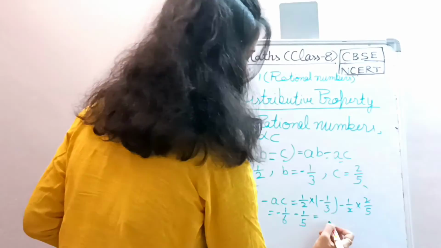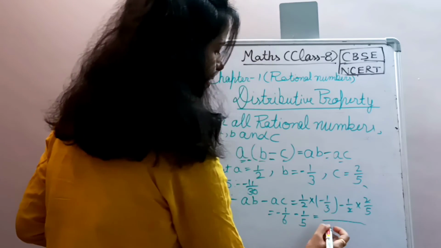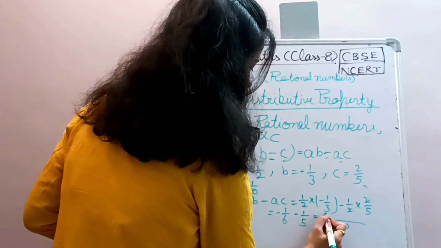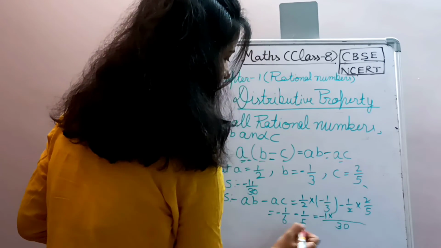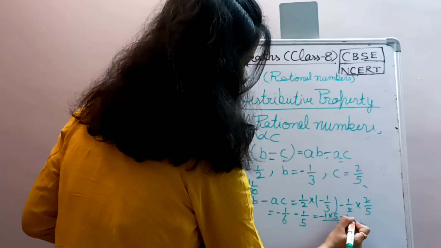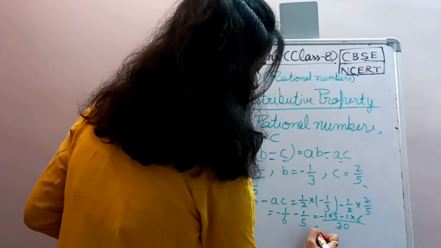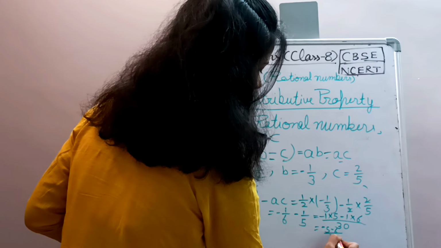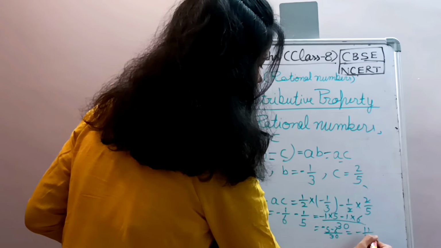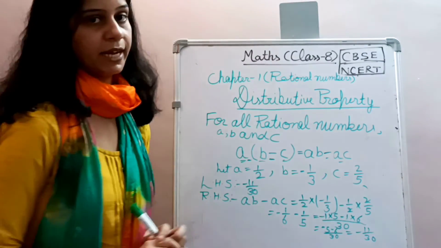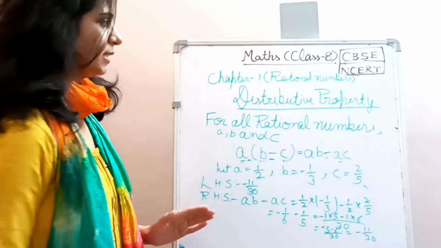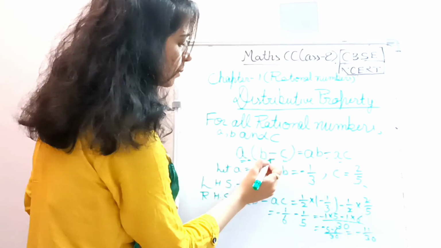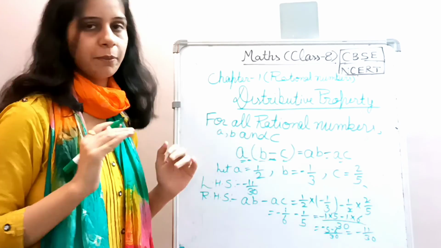Just solve it. Take the LCM of denominators, which is 30. Minus 1 multiply 5, 5 sixes are 30, minus 1 multiply 6, 6 fives are 30, and we'll get minus 5 minus 6 upon 30, which is equal to minus 11 upon 30, which is equal to left hand side. So we have verified the distributive property of multiplication over subtraction for rational numbers.